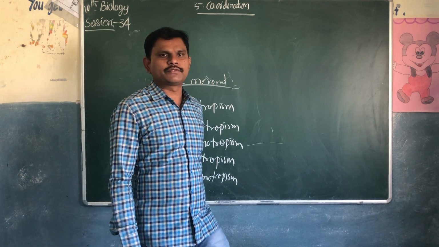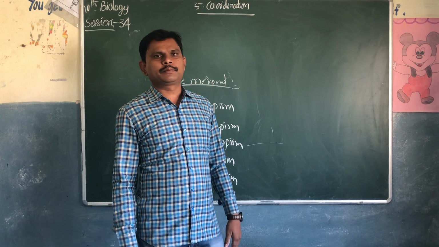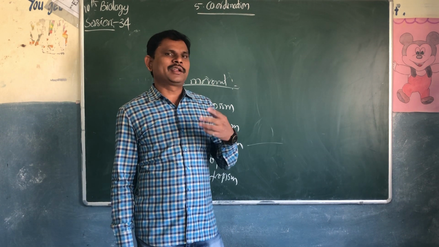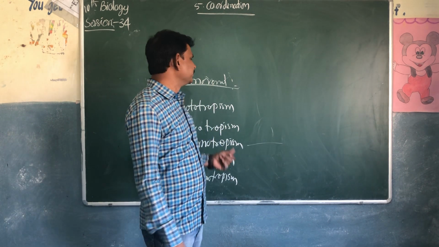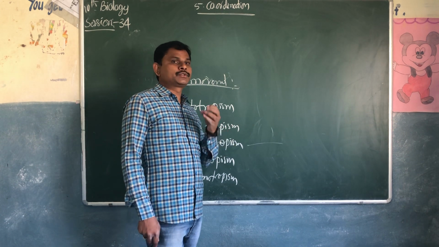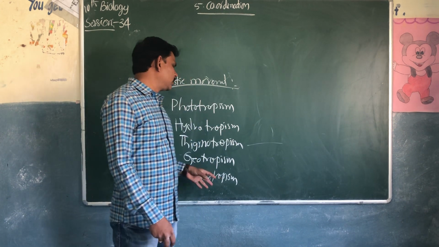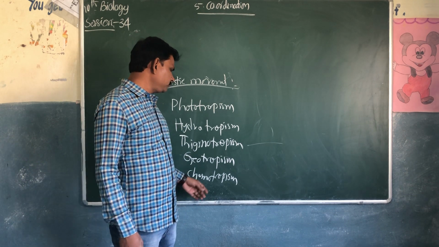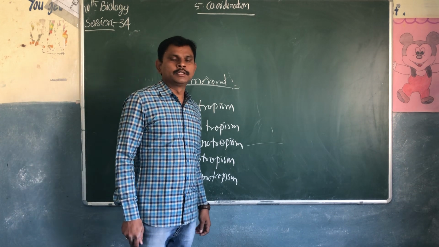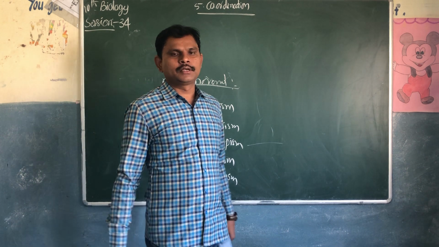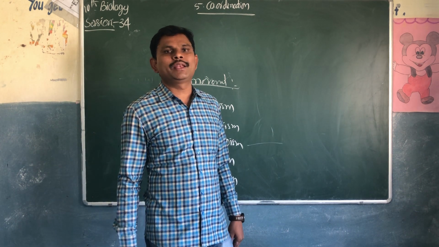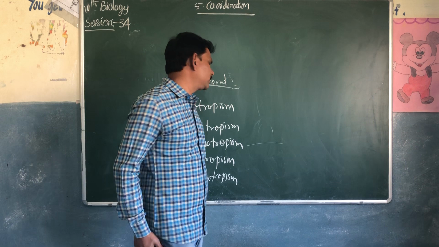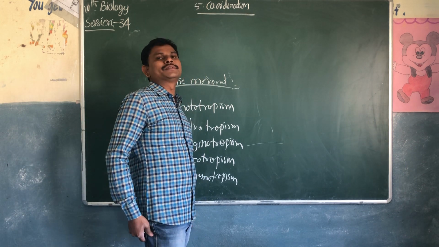What is chemotropism? When flowers come on the plants, they start releasing some sticky substances, like sugars, to attract the insects for pollination. So chemo is nothing but some chemicals released in the flower during pollination.